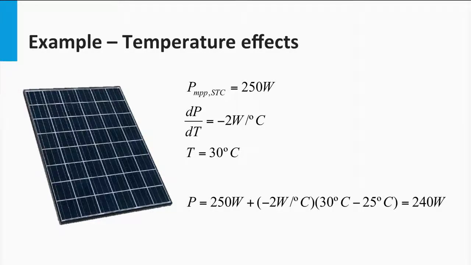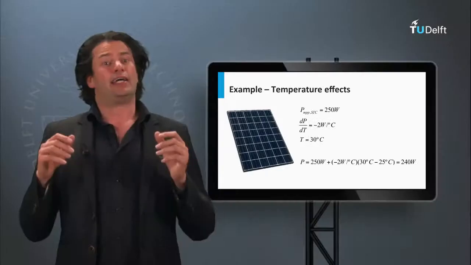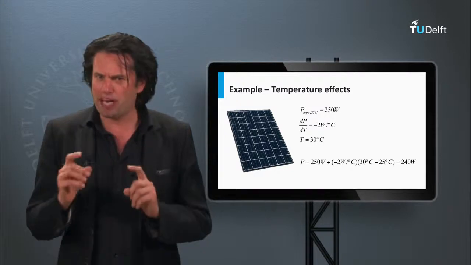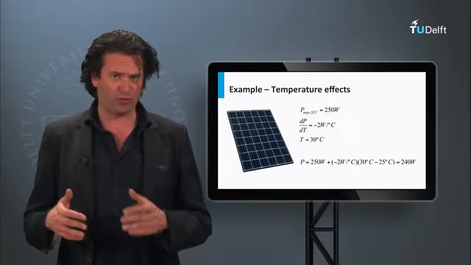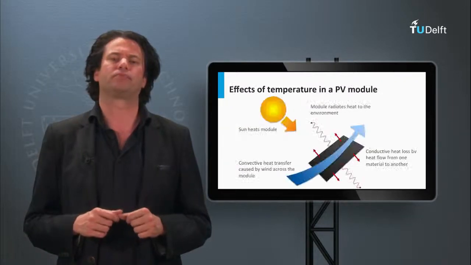The power is 250 watts plus minus 2 watts per degree multiplied by the temperature difference, 30 minus 25 degrees Celsius, which gives you 240 watts. As you can see, the sign of the temperature coefficient determines if the parameter is increasing or decreasing with temperature. In the exercises for this block, you will be able to use this equation to estimate the effect of temperature on the various PV parameters.